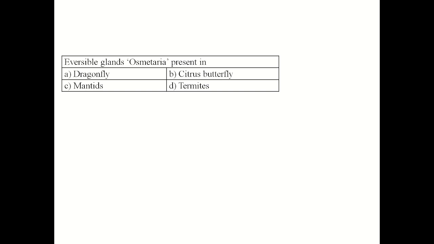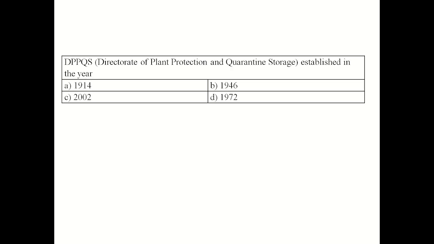Osmeteria present in citrus butterfly larvae. DPPQS, Directorate of Plant Protection, Quarantine and Storage, established in the year 1946.